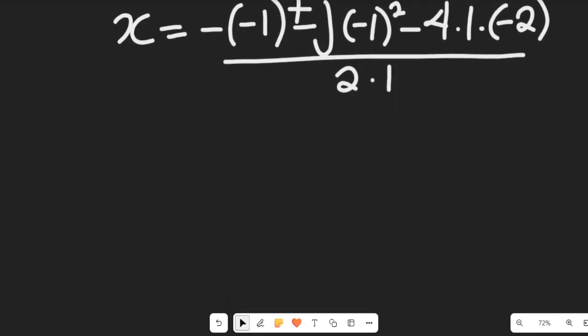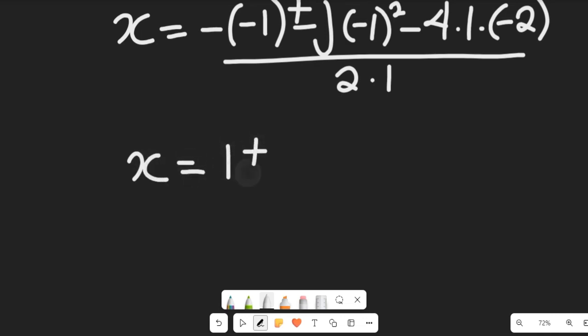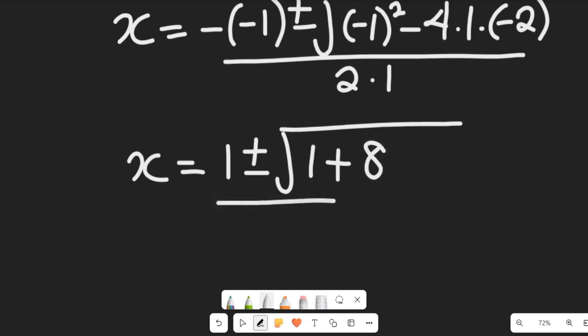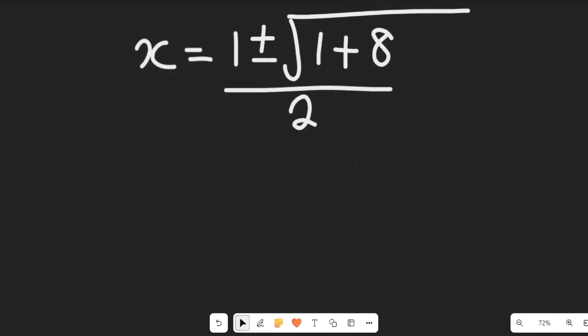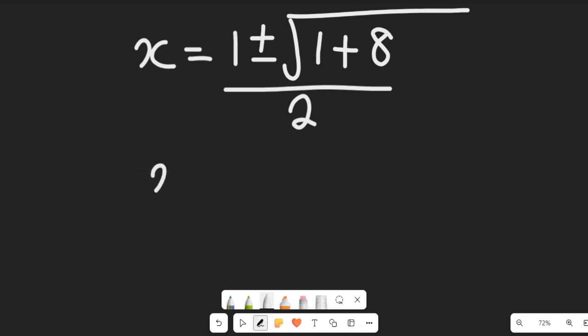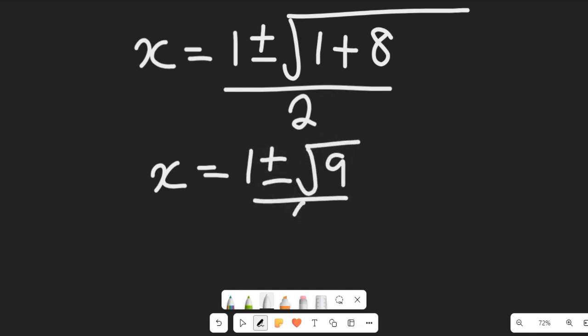So the value of x can now be equal to 1 plus or minus square root of 1 plus 8, since negative times negative gives us 1 and 4 times 2 gives us 8, and this will be divided by 2. So that gives us x equal to 1 plus or minus square root of 9, divided by 2.